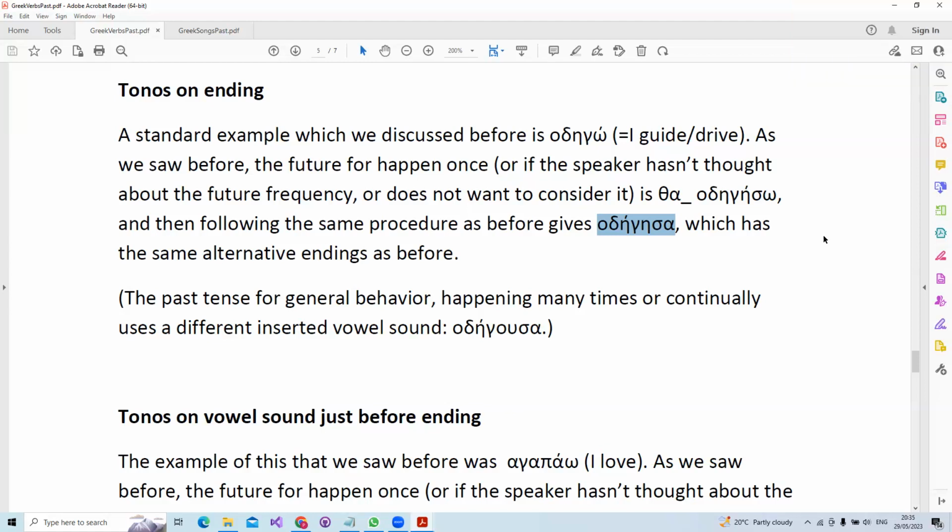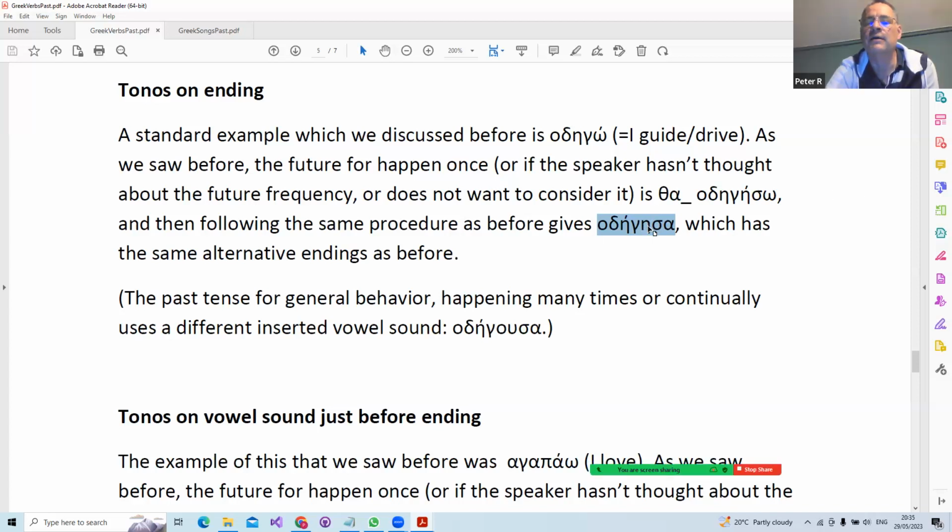So say the one you have highlighted again. οδήγησα. So it changes to ya, not ye. No, I made a mistake. οδήγησα would be if the tonos is here.